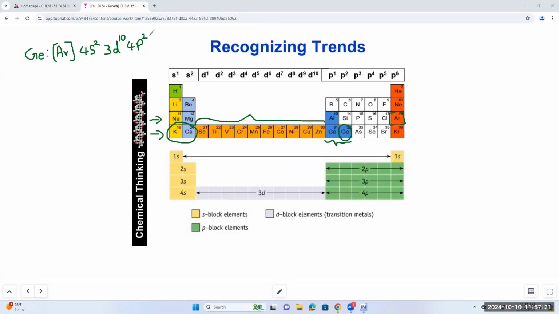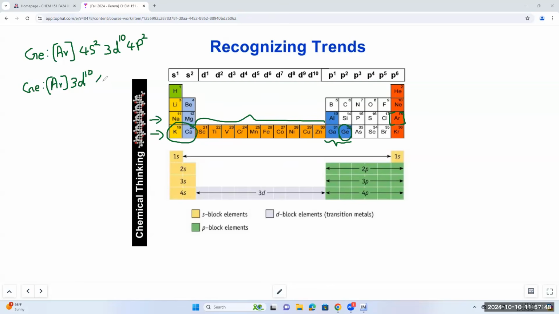If you wrote the electron configuration of germanium like this, you will get credit at this stage. But if you want to be technically more correct, I would rewrite the electron configuration to look like this. We have argon core shell, and then I'm going to switch 3d10 over here.